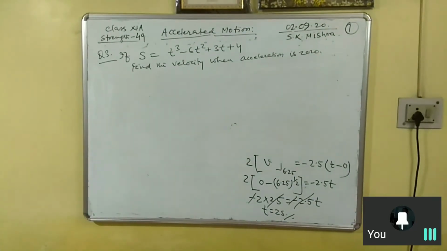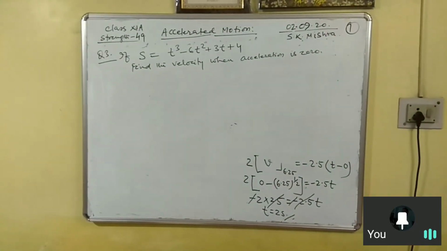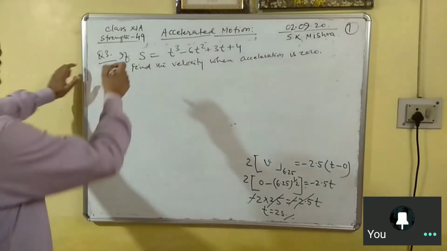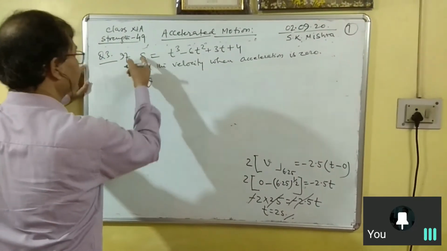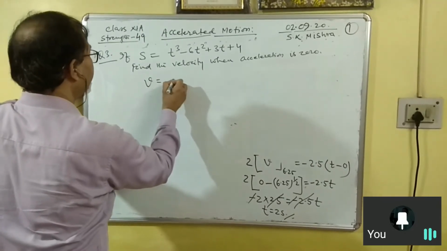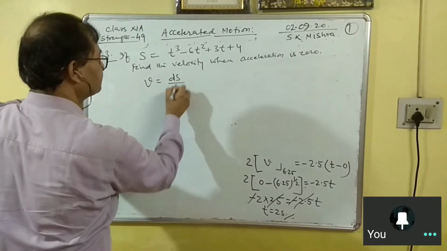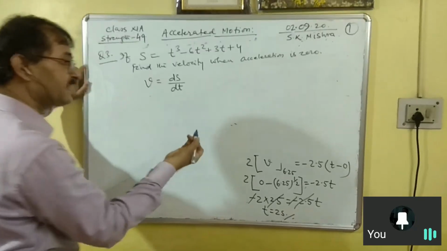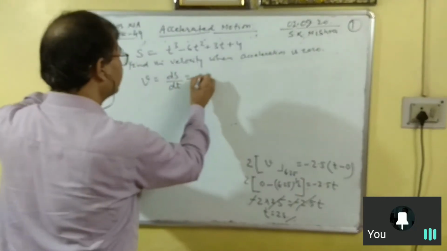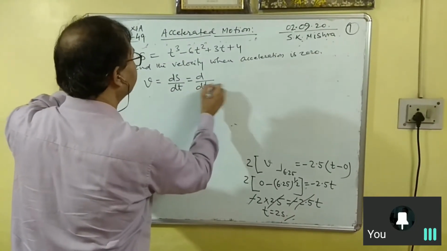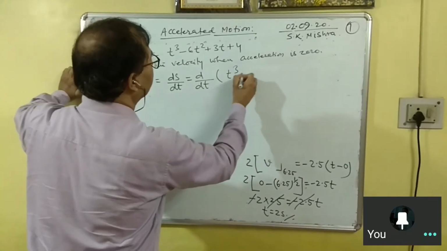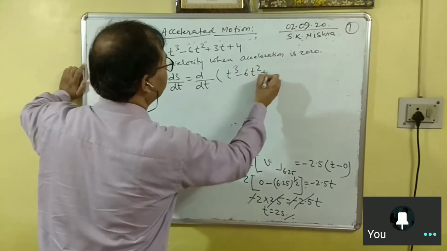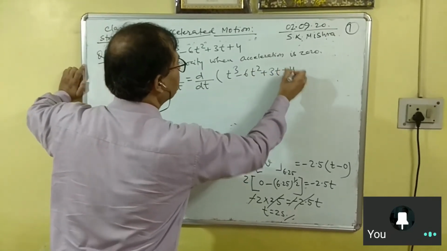To solve this type of problem, you have to find instantaneous velocity first. So this v is nothing but ds by dt, or dx by dt. So just differentiate it: d by dt of t cube minus 6t square plus 3t plus 4.